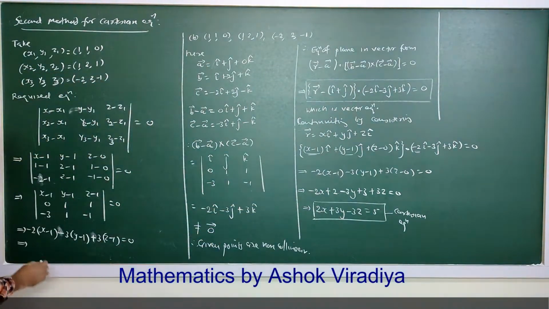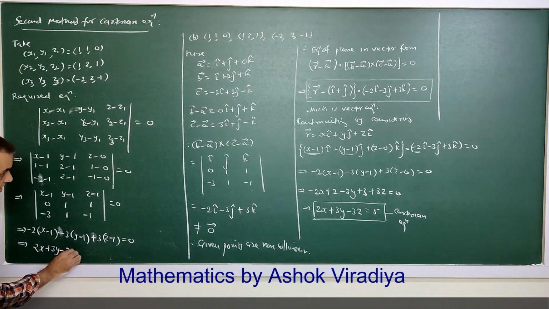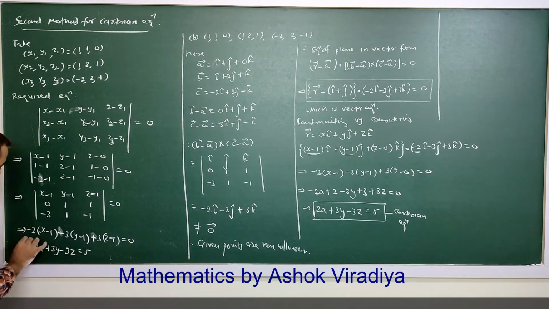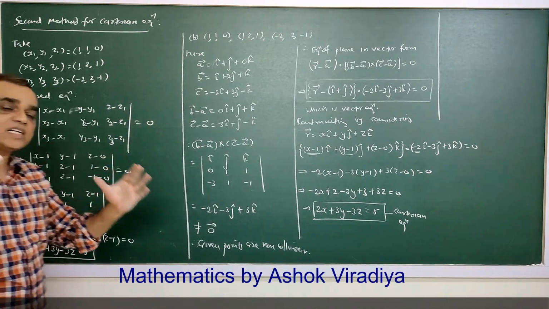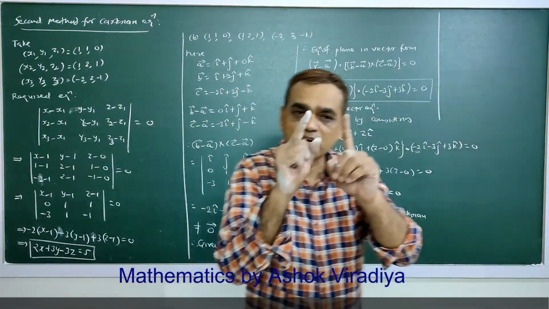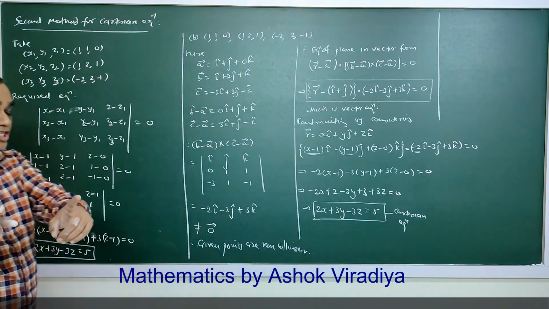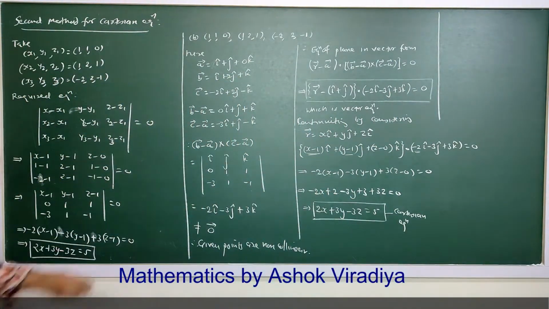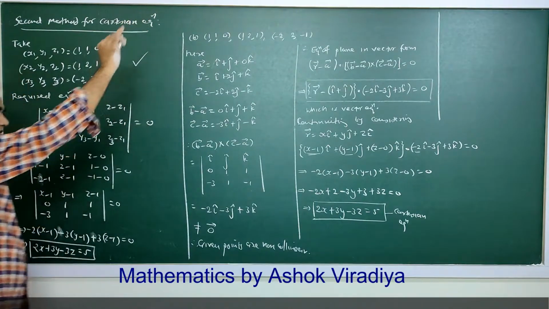Its simple form is 2x plus 3y minus 3z equal to 5. It is the required equation. So if you are asked to find Cartesian equation, if 3 points are given, then this method is better.